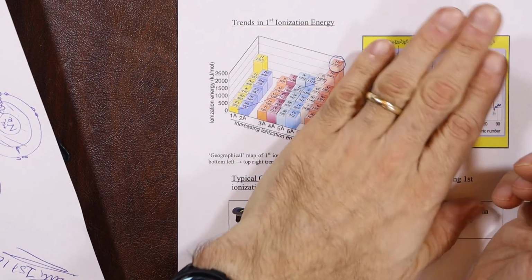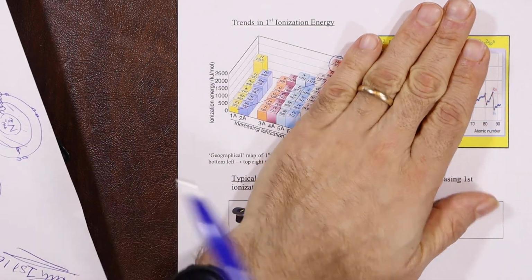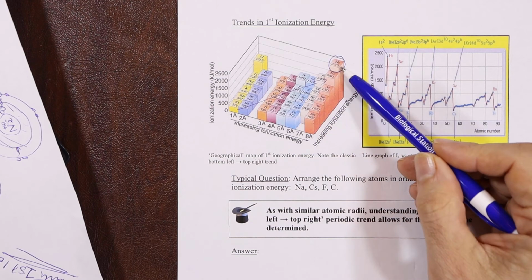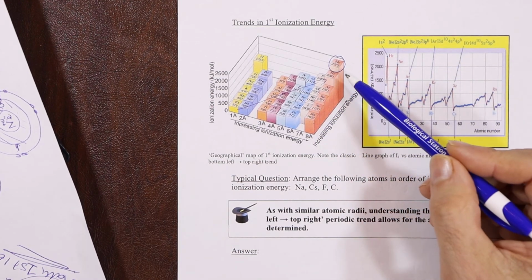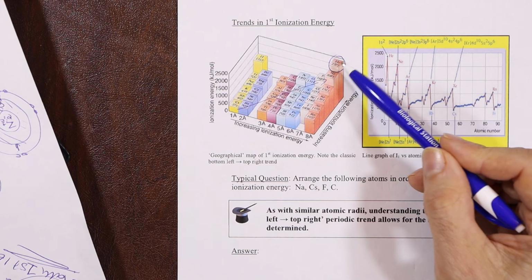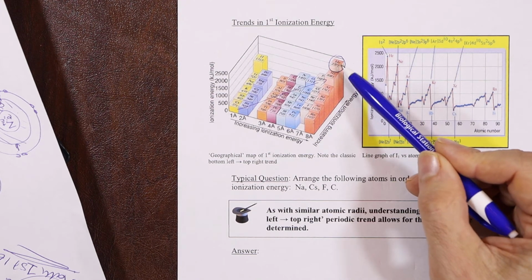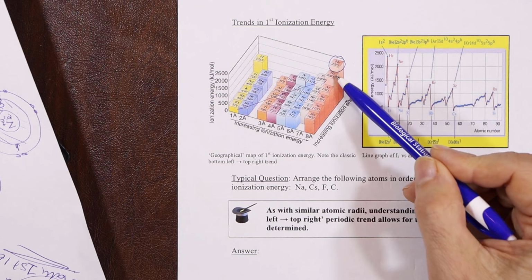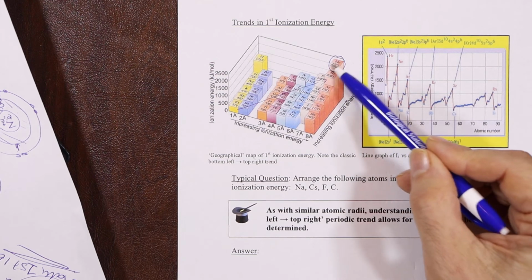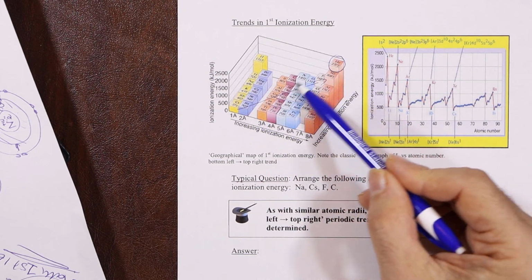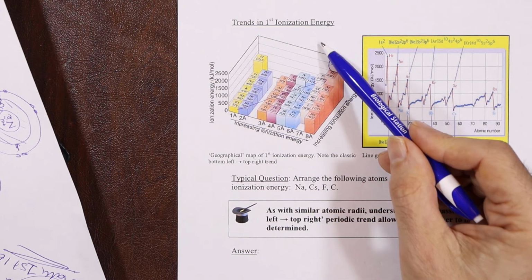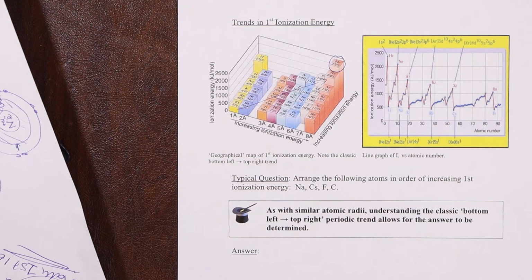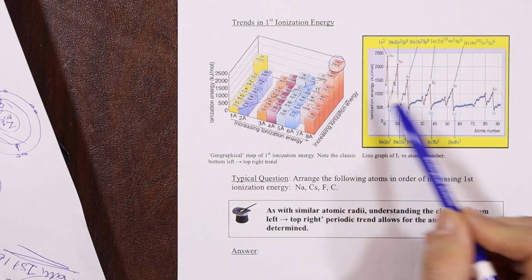If I just got some atoms in that machine, it doesn't matter what the atoms are, I can use the noble gases. So the thing at the top right is actually helium. That has the highest first ionization, followed by neon, followed by fluorine. So it's that same kind of geography map we had before with electronegativity, but now it's the first ionization and it includes everything. This is just a 2D equivalent.